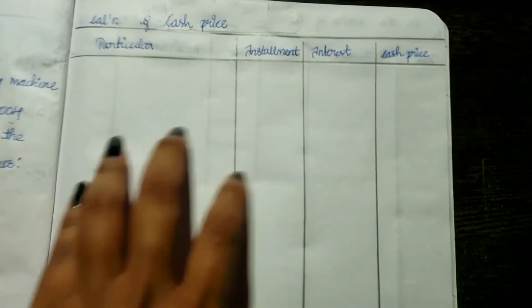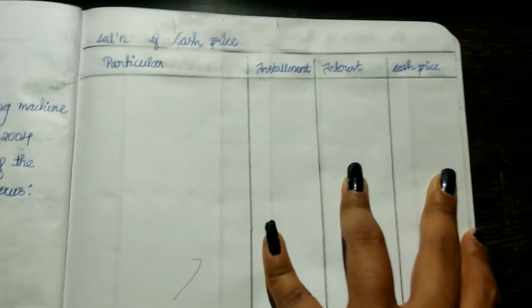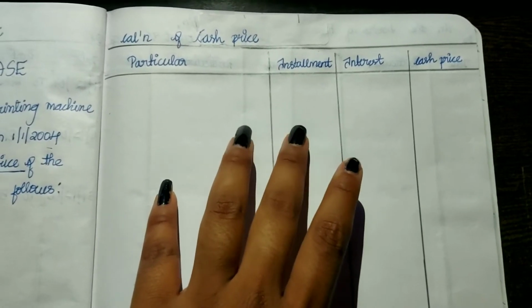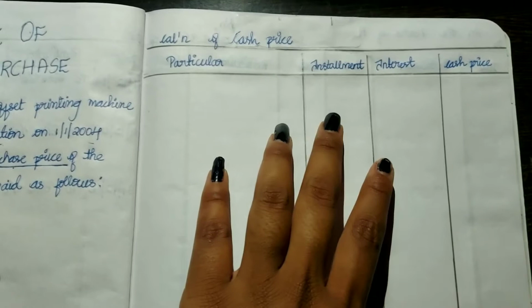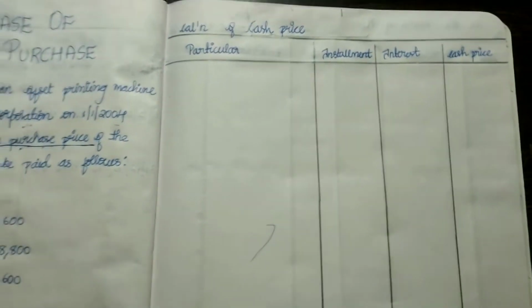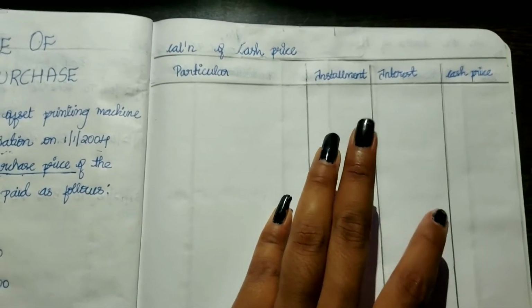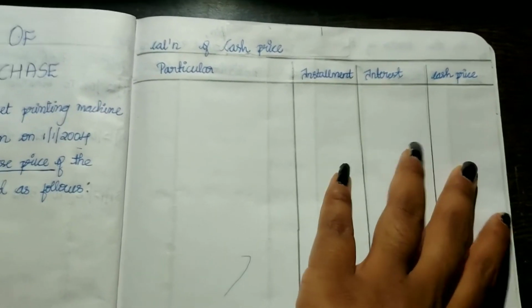For that, the columns you require are particulars, installment, interest, and cash price. In the last method, you observed the cash price column and the installment column, and here too this column includes the installment and this column includes the cash price.